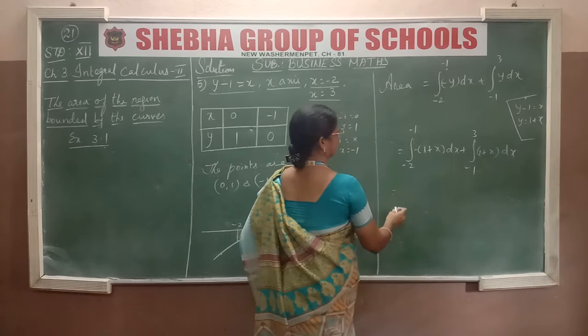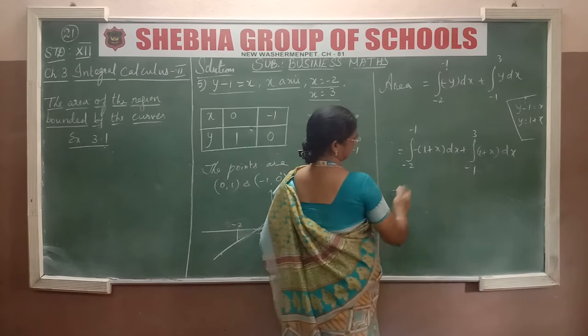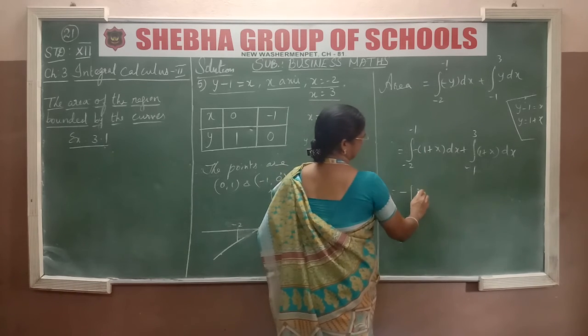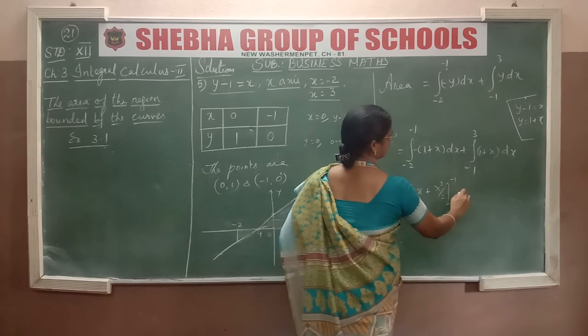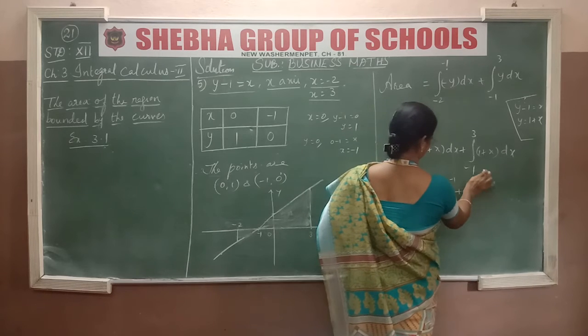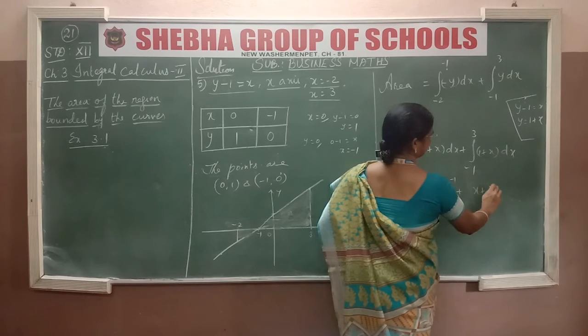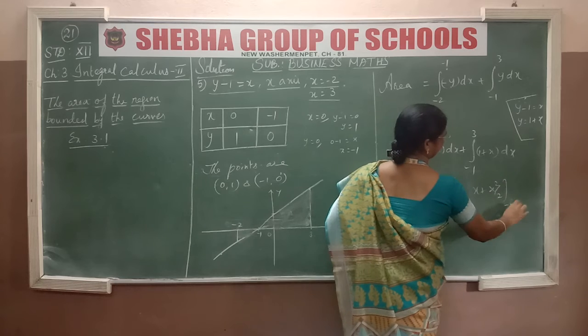Now integrating, taking minus outside, integrating this, 1 is x plus x is x square by 2, limit minus 2 to minus 1, plus here also x plus x square by 2, and the limit is minus 1 to 3.